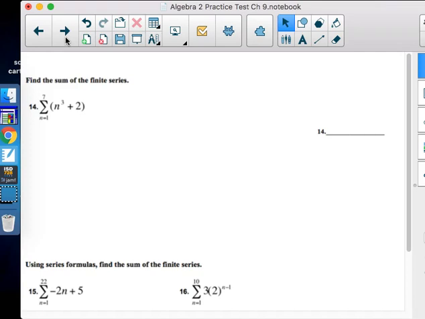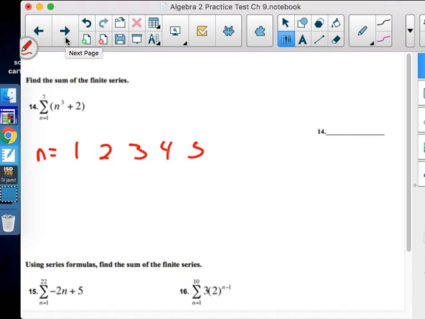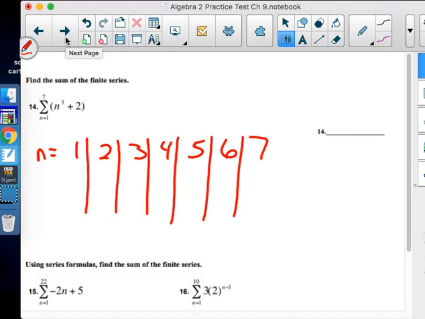Well, what's the first number we're supposed to put in there? A 1. Do we know what the second number is? A 2. And how far do we go? 7, because the 7's on the top. We're just going to have to crank them out and find it. So we're going to put those numbers in, and it's going to kick out the terms, and we'll add them together.